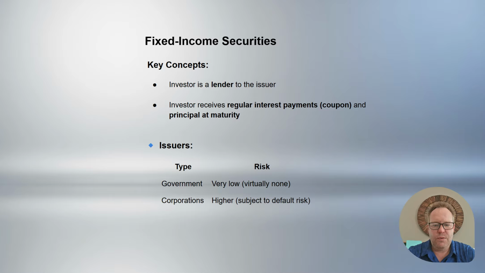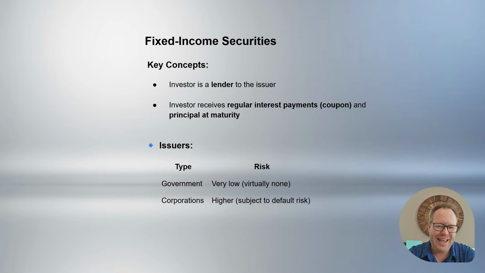So, again, looking down, there are typically two types of issuers, two peoples that give out or issue fixed income securities. That would be either governments or corporations. If we think about the risk that is associated to a government issued fixed income investment, the risk would be very low or virtually none, depending on what government we're dealing with.